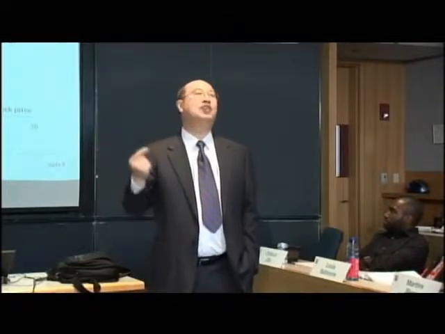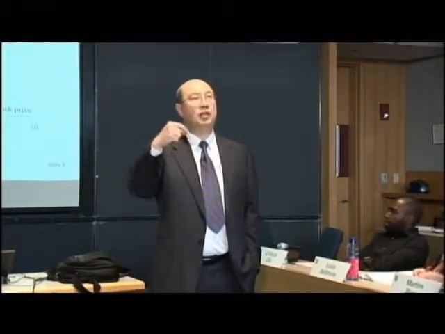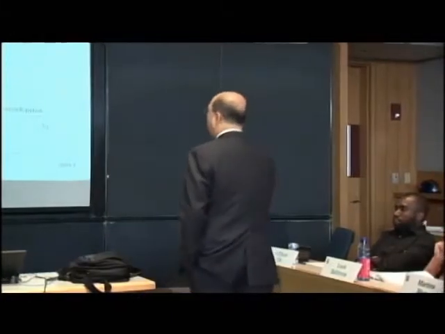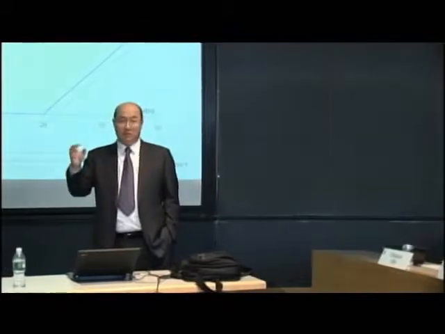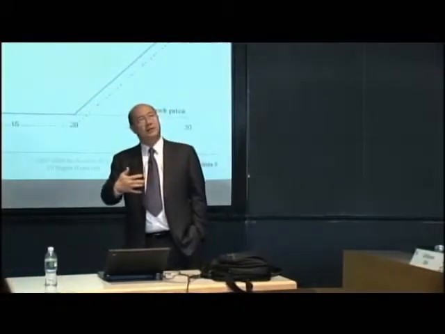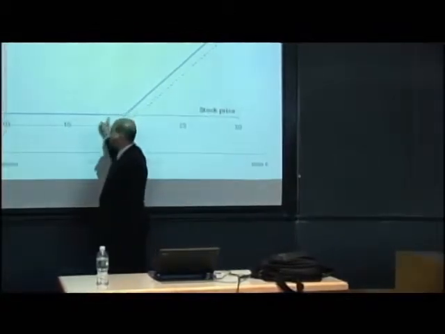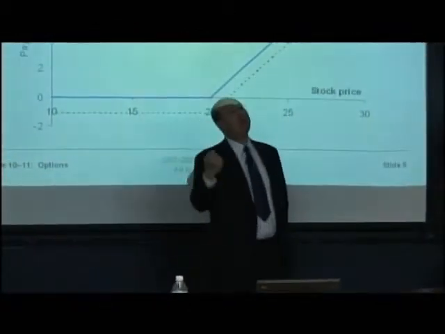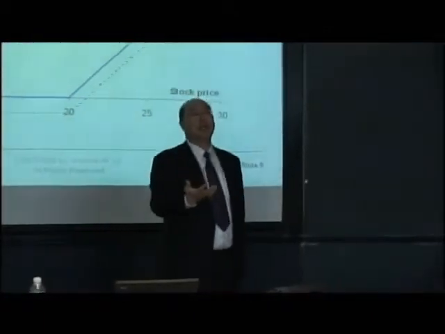Now, if the actual price of the stock is below $20, you're never going to want to exercise the call option, because you'd be buying something for $20 that would be worth less than $20. So if the true stock price is anything less than $20, this option at expiration is worth nothing to you. You would never use it.